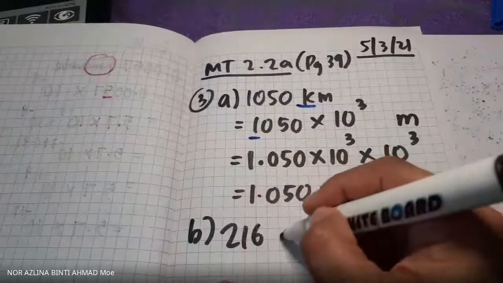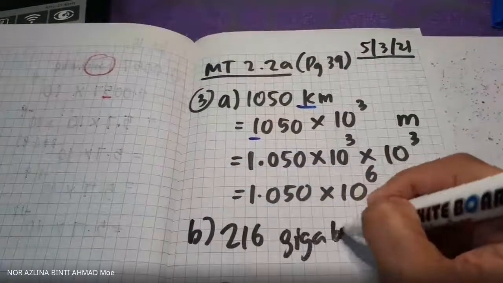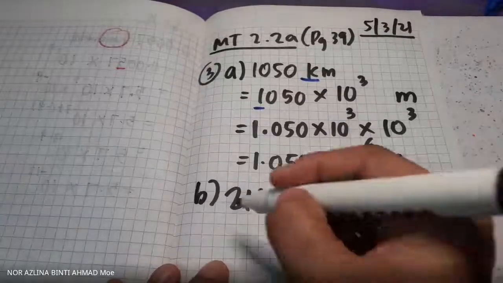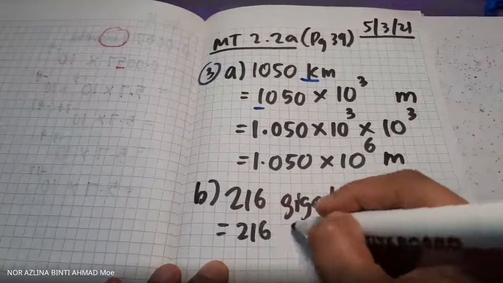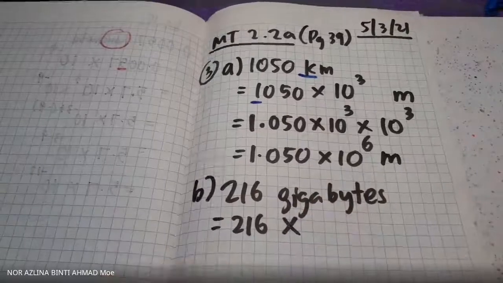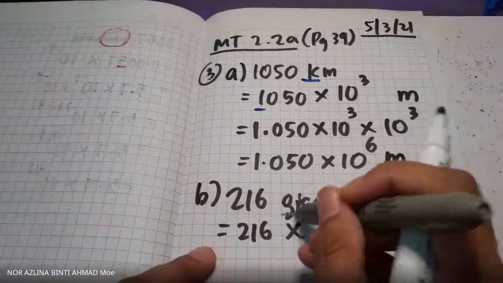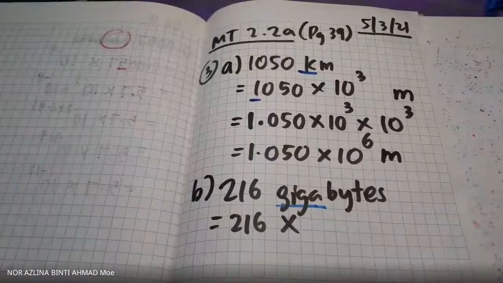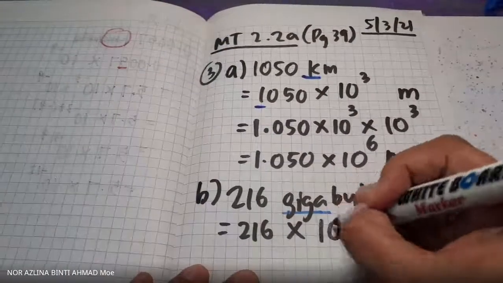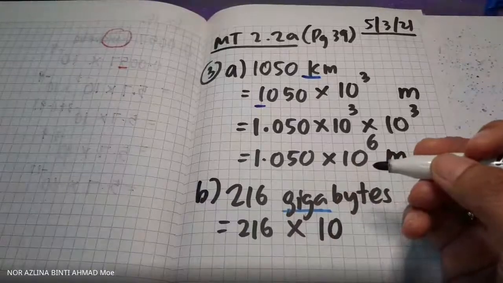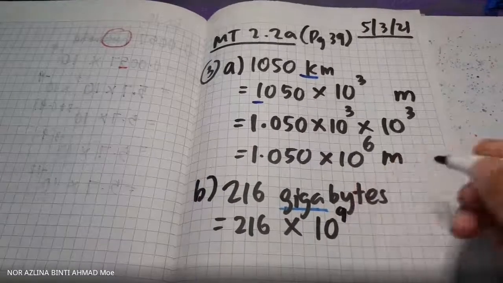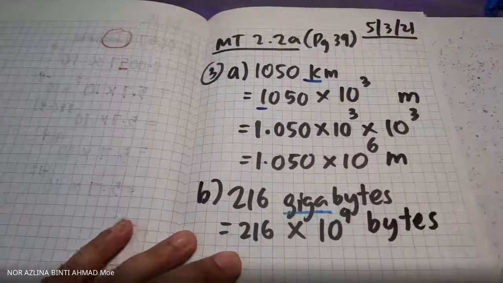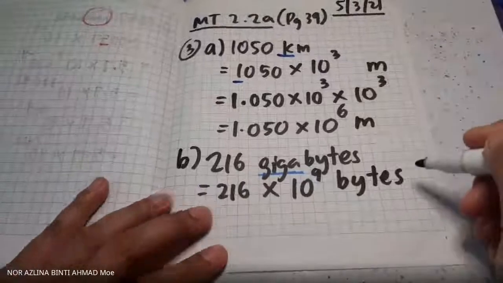216 gigabyte. So the question wants you to change to byte only. So 216 giga. This is giga. From the table, giga means 10 to the power of, how many 0? 9 zeros. So 10 to the power of 9. This is bytes. Okay.